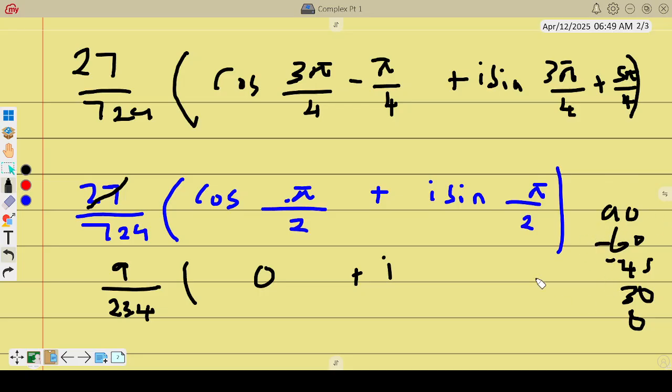So 1, 2, 3, 4. Meaning sine 90 is root 4 over 2, simply meaning 2 over 2, square root of 4 is 2, and 2 over 2 is just 1. So sine 90 is 1. And then we can't show 1, we'll just leave it as i.